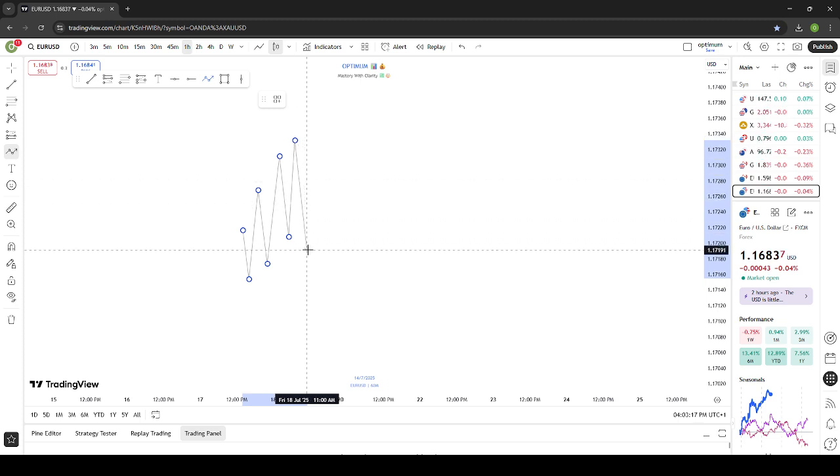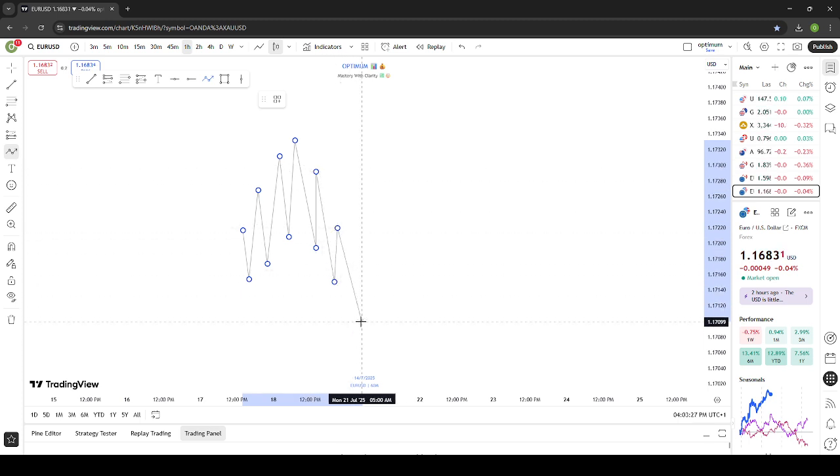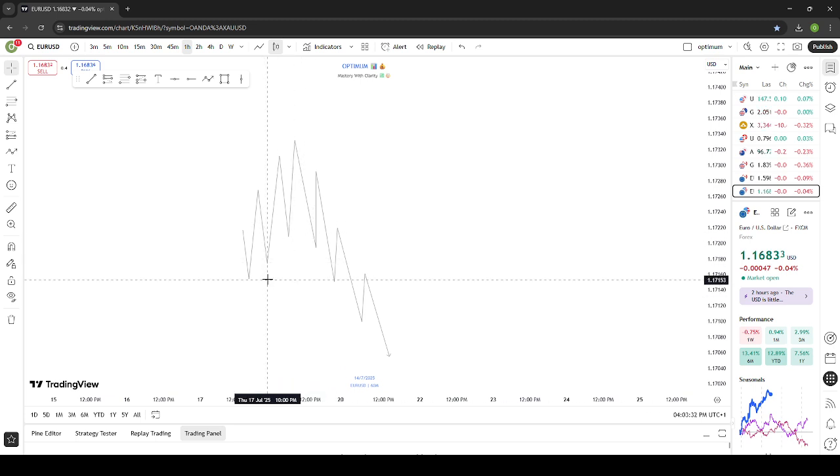So you might probably see it taking out this first higher low that is here. Once it takes it out, it will retest and then gradually start to take all of them out. So what has happened here is there has been a reversal. The market has gone from this valid and strong uptrend that it was before, and then finally shifted to the lower side to start to sell.